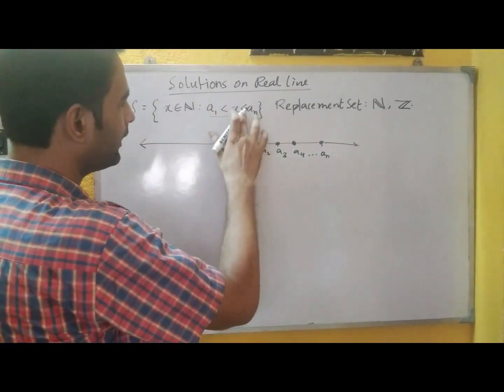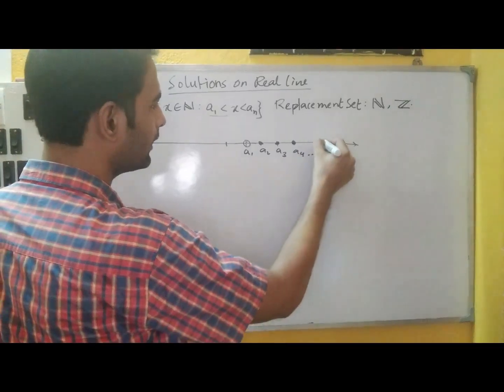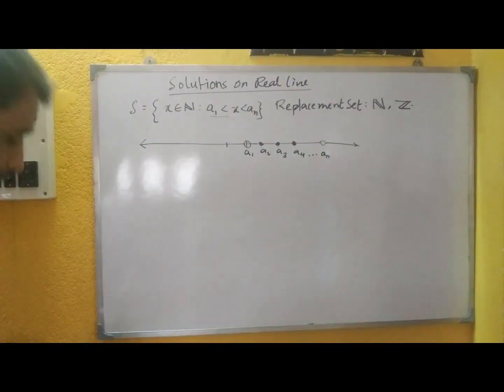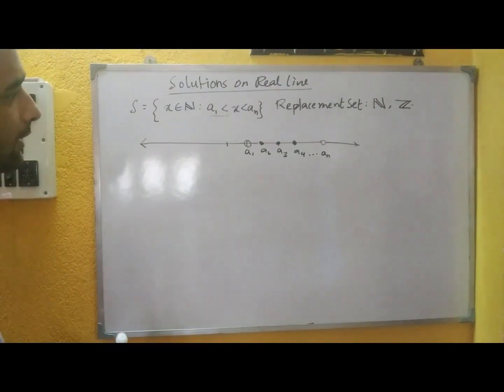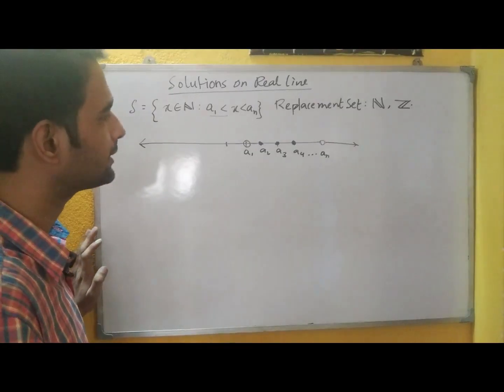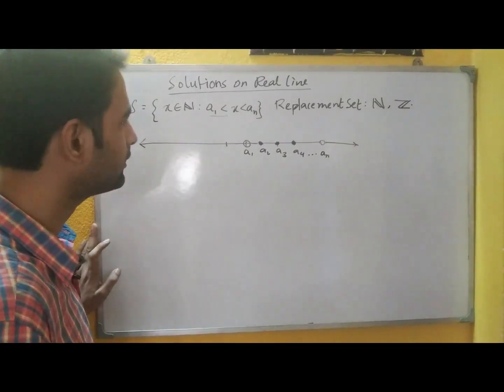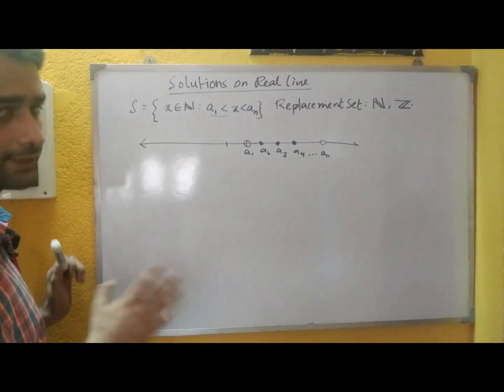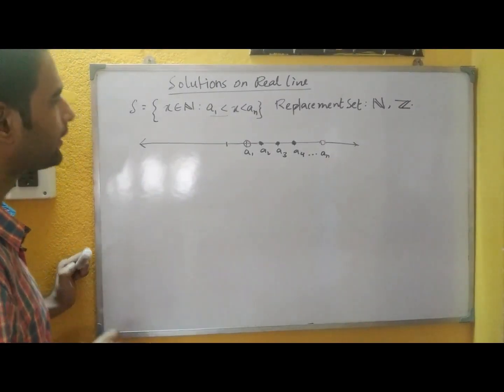And if you have the endpoint also like this, we'll make a circle there. That means these are the endpoints for our solution set, and they are not included in the solution set. In the case of Z, you will do the same, nothing different.